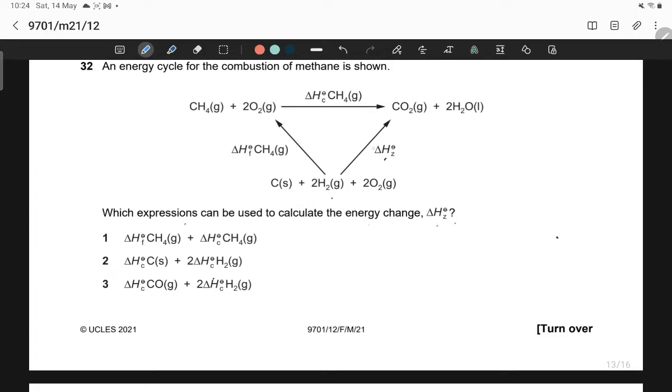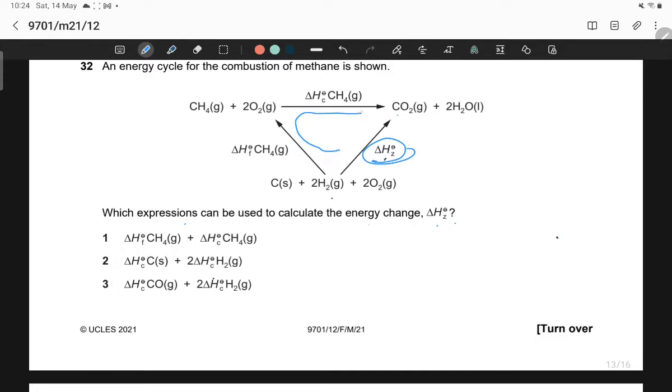Delta Hc is the combustion of carbon dioxide and water. So from the energy cycle, delta Hc can be calculated.